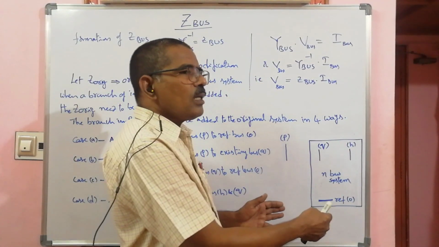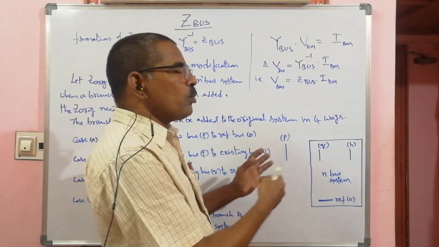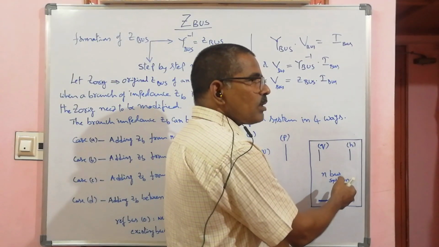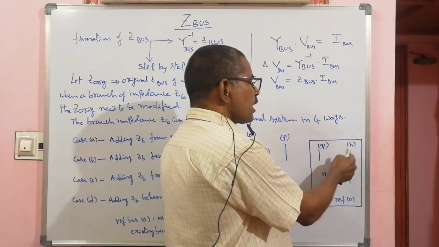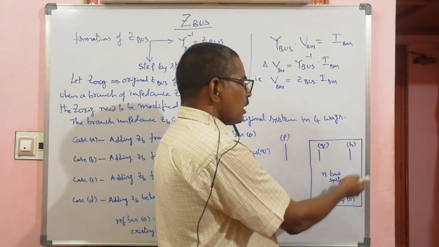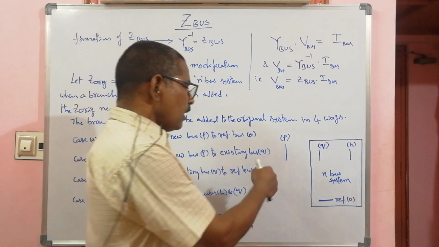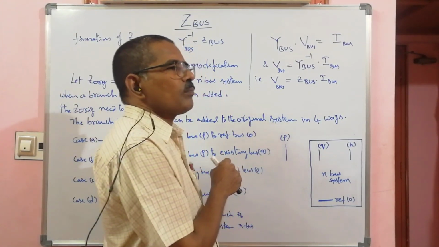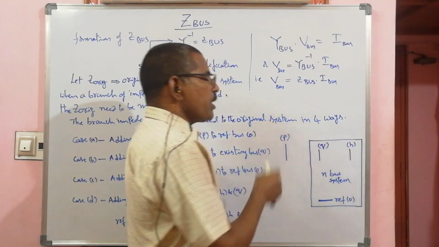It might have many more, 1, 2, 3, 4, and so on, Q and also H. So this is an n bus system in which we are referring to some Q, an existing bus, H, an existing bus, and also the reference. So the total number of buses here is the 0 bus and the remaining n buses. And outside, this is the new bus, which is P. This is the existing system and P is outside.